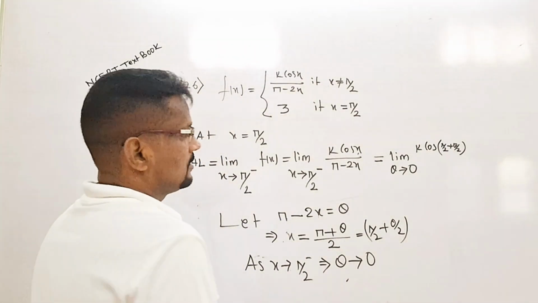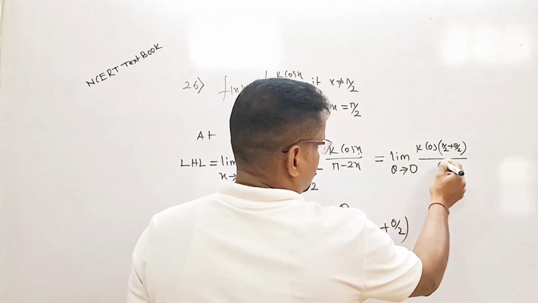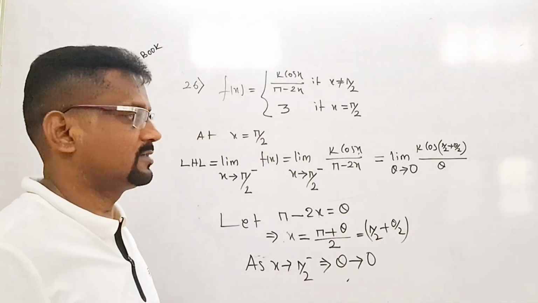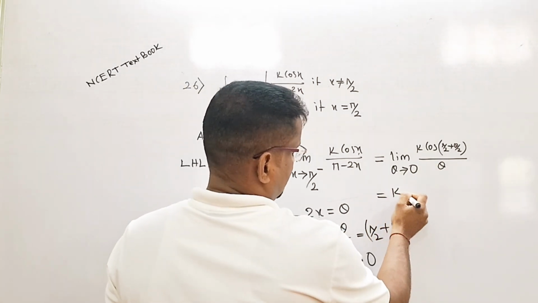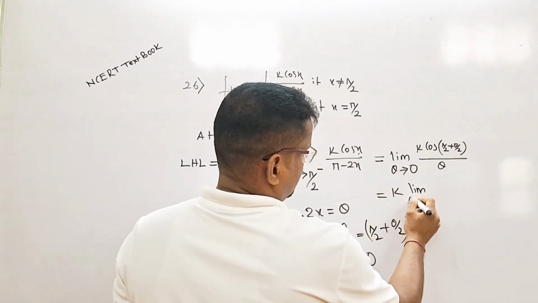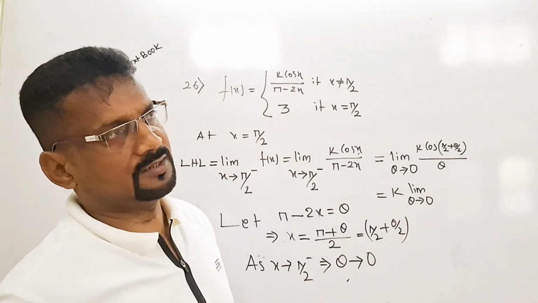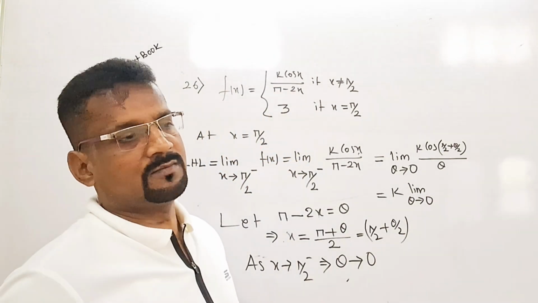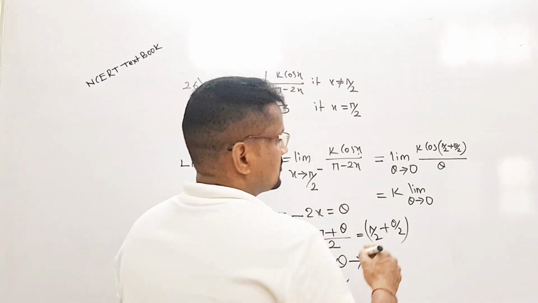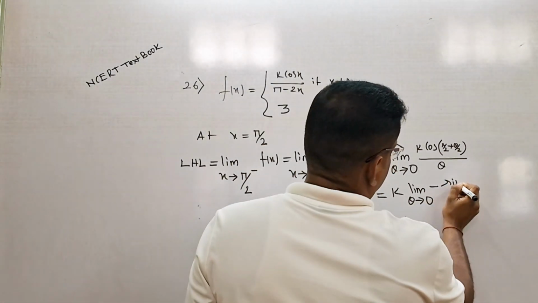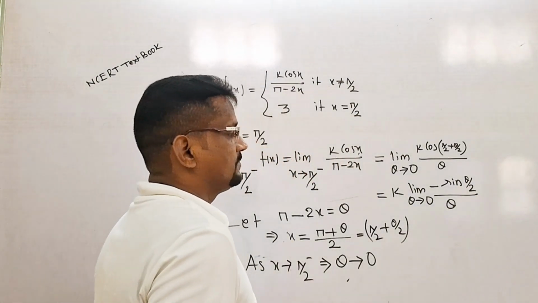After this, whole thing divided by pi minus 2x, which is simply theta. So it equals k, a constant, take outside, limit theta tends to 0, cos of pi by 2 plus something. Cos of pi by 2 plus something is coming in which quadrant? Second quadrant, and it will be minus of sine. So you will get minus sine theta by 2 divided by theta.